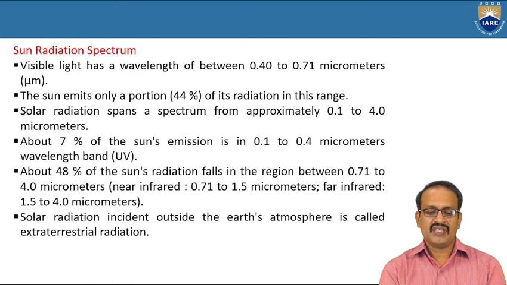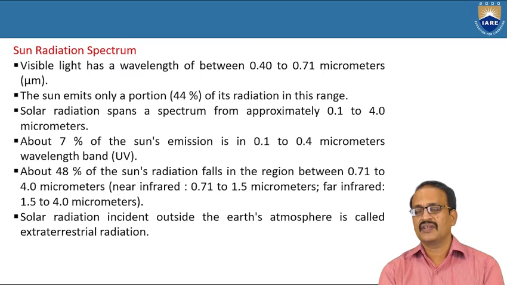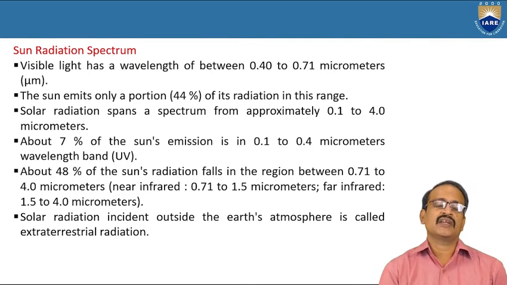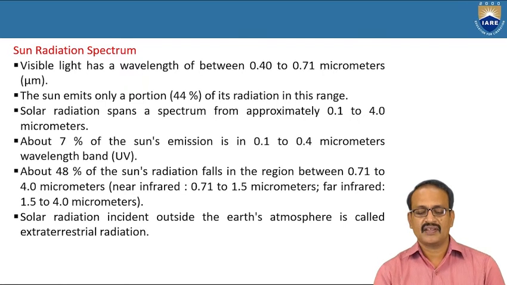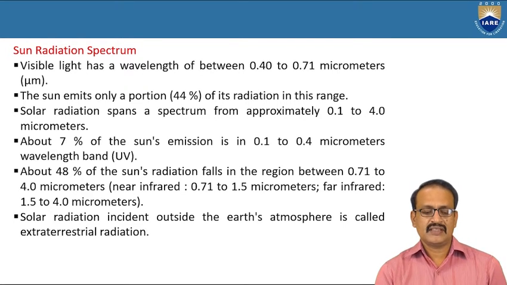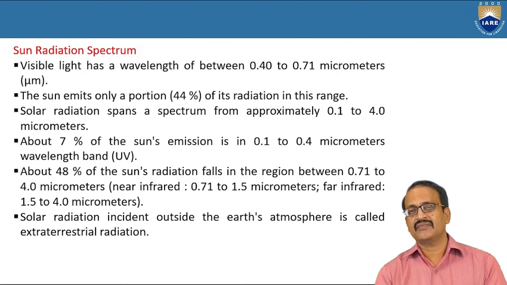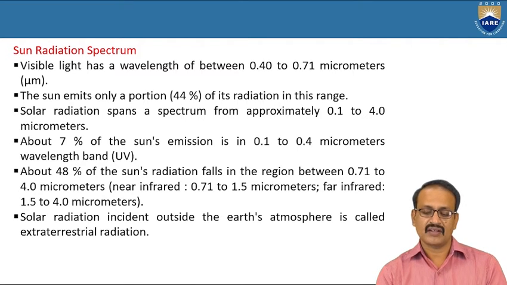The sun emits only a portion, about 44% of its radiation, in this range. So out of the energy emitted by the sun, only about 40% falls in the visible spectrum. The remainder does not come under the visible spectrum.